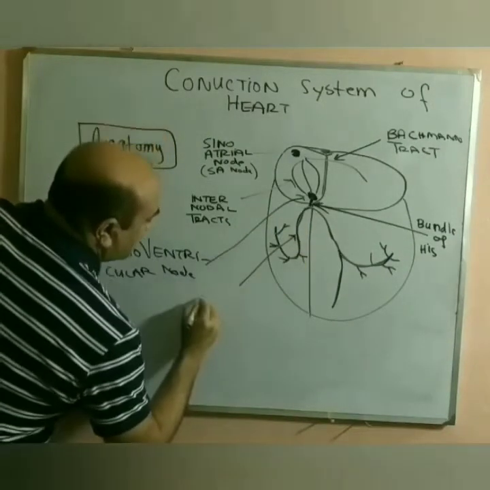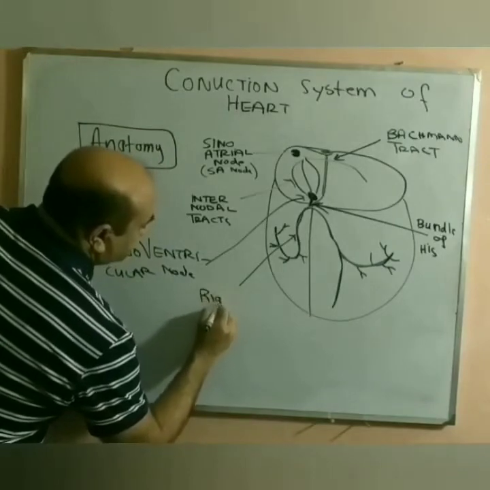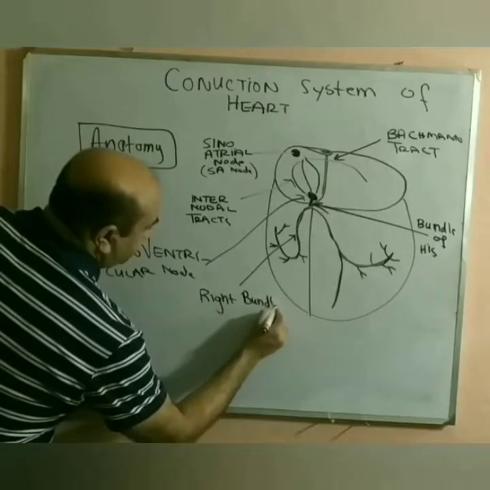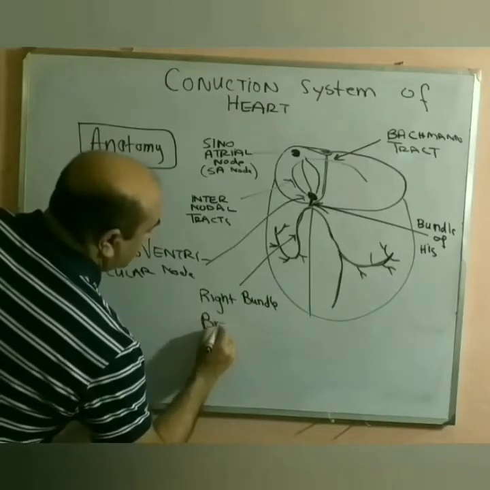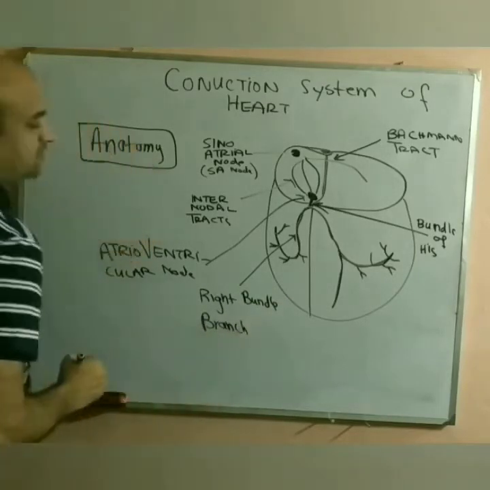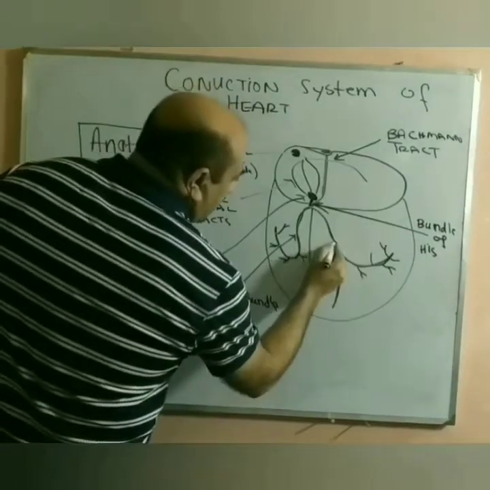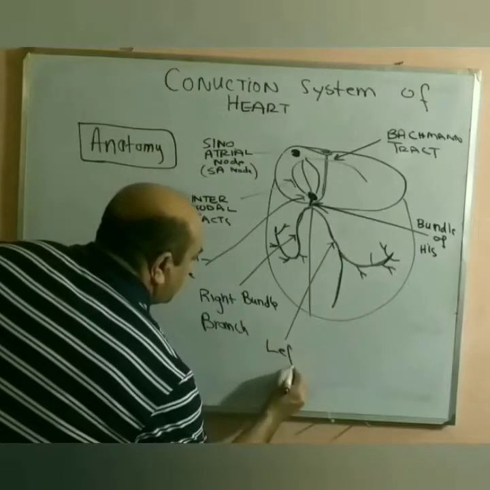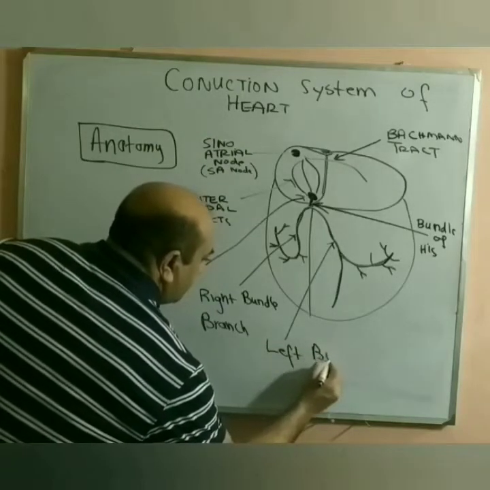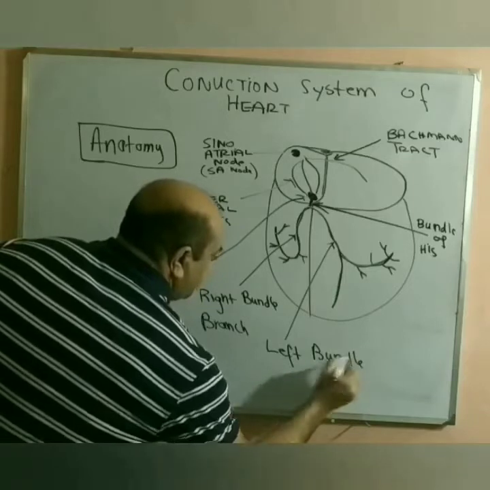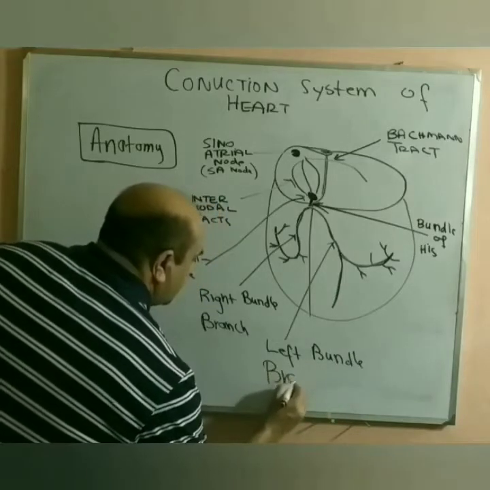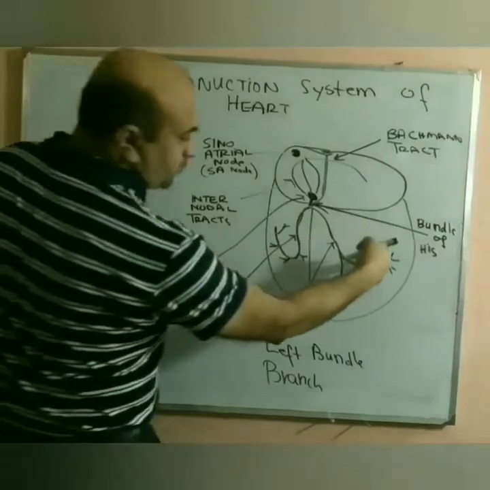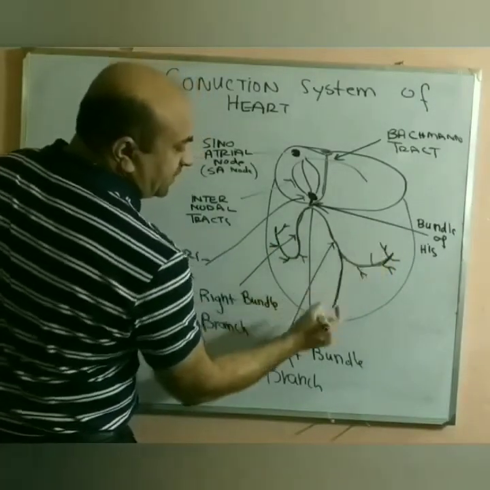This one is the right bundle branch, and this is the left bundle branch. And this is the posterior fascicle, this is the anterior fascicle.